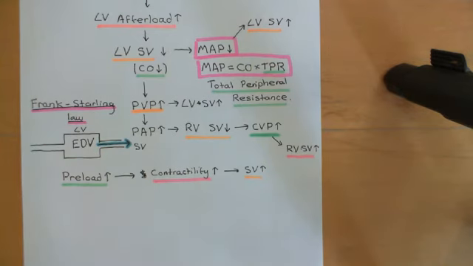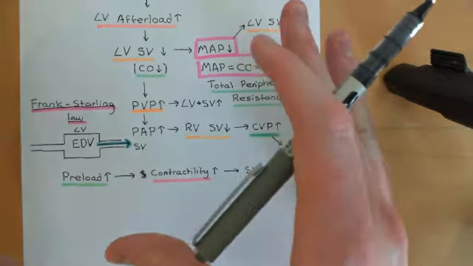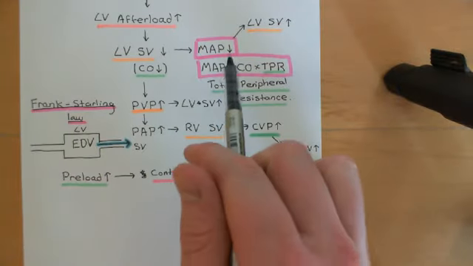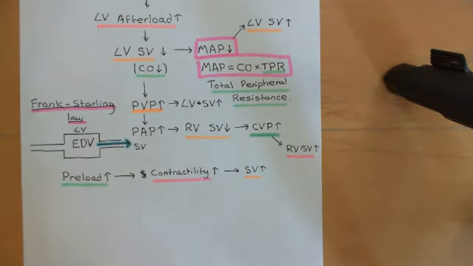Unfortunately, this is not what happens, or at least this is only part of what happens. The neurohormonal mechanisms are going to come into play, and the reason is that if we allow this system to work, mean arterial pressure is going to go down, and there are very, very strict homeostatic mechanisms that respond to that.